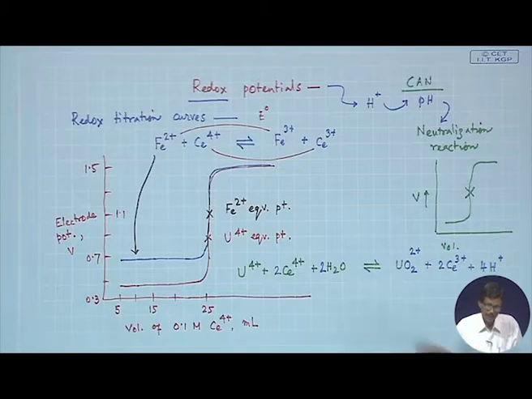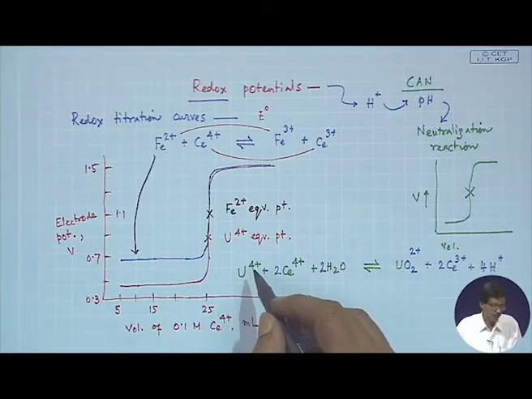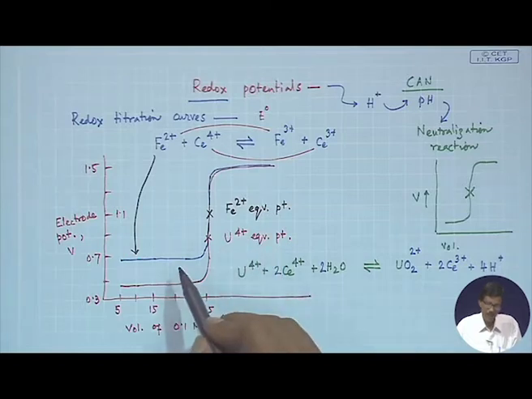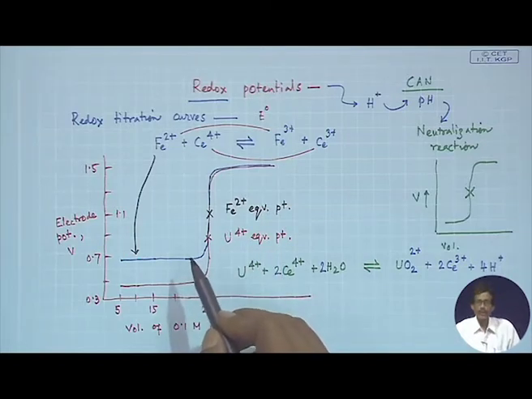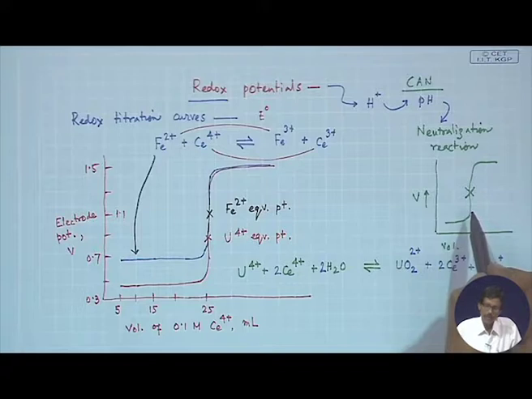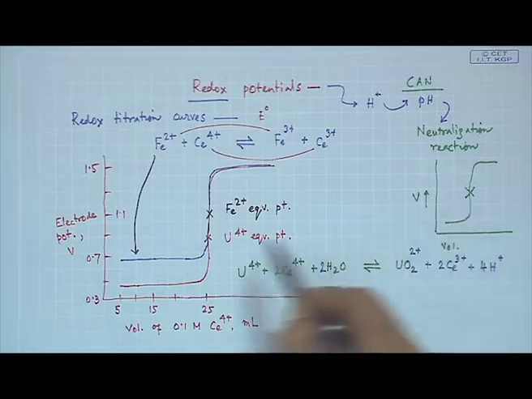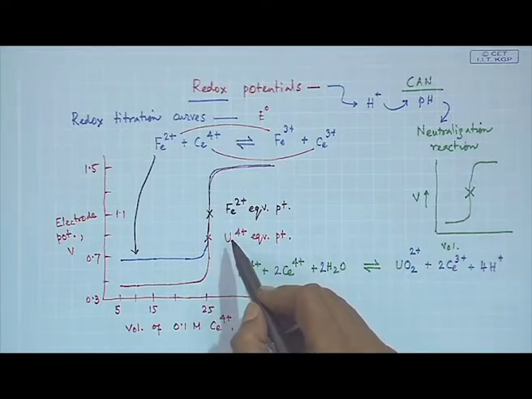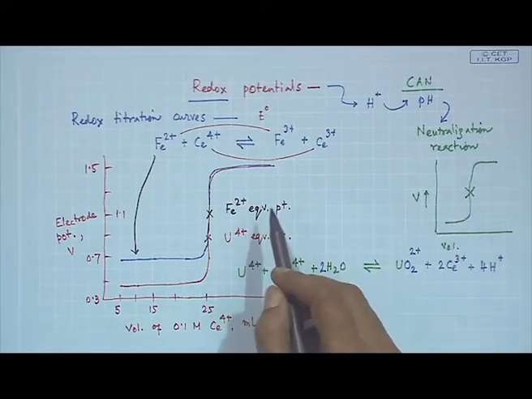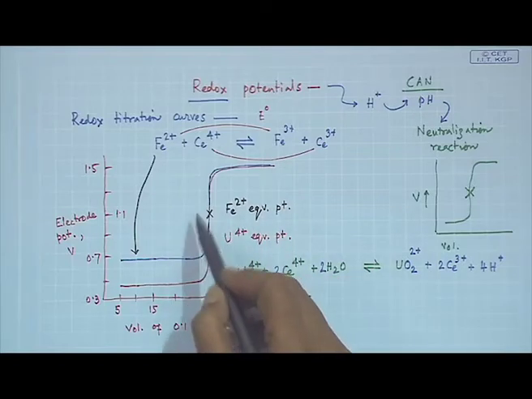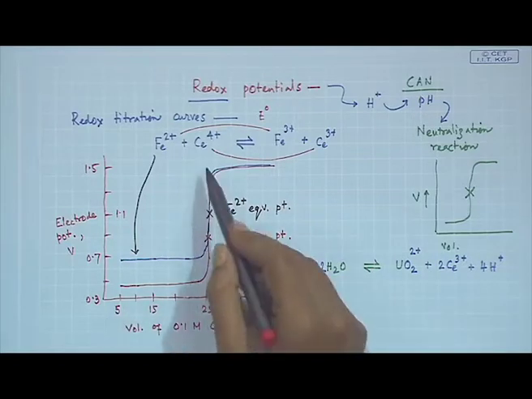So, if you have any titration involving uranium 4+ or iron 2+, we can determine it, and the corresponding redox titration curves are very much similar to your neutralization curve. We will be able to get this particular reaction for your titration, and we get the corresponding endpoint, because these endpoints will be very useful, where you see that sudden change.